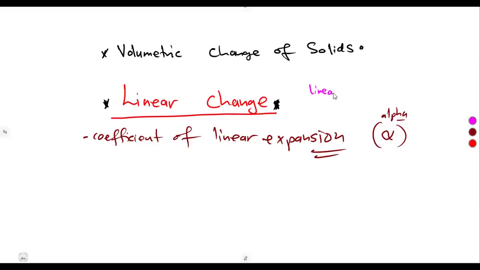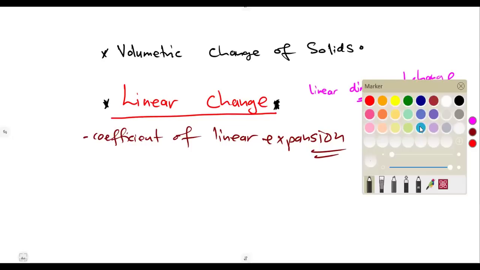For a coefficient of linear change, we are talking about a linear dimensional change. Meaning the dimensions that are under linear will be affected by the coefficient of linear expansion, which is alpha.